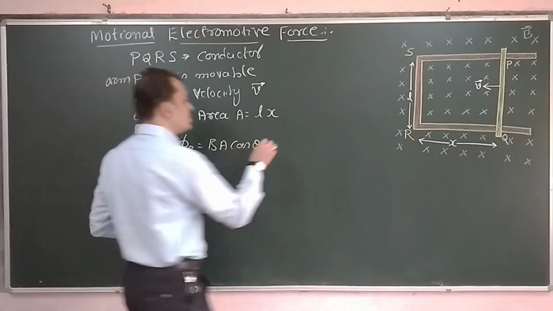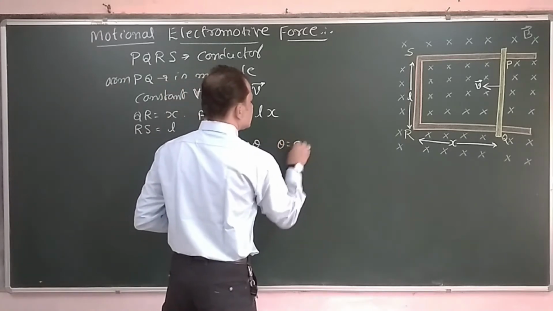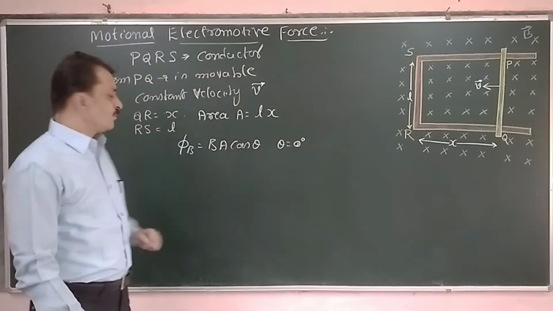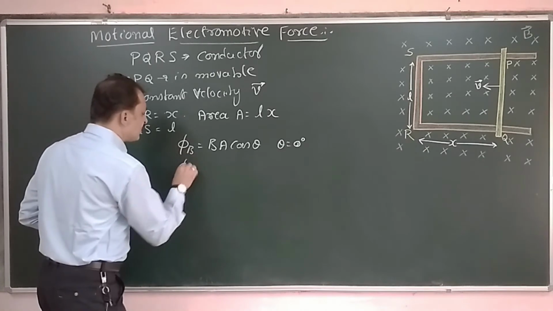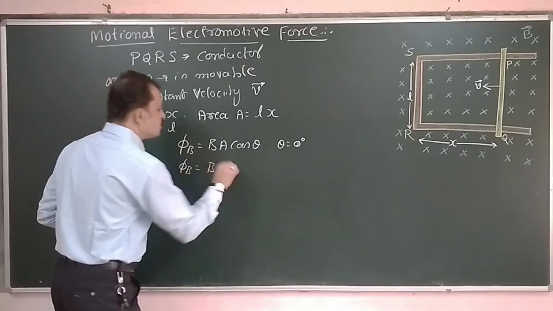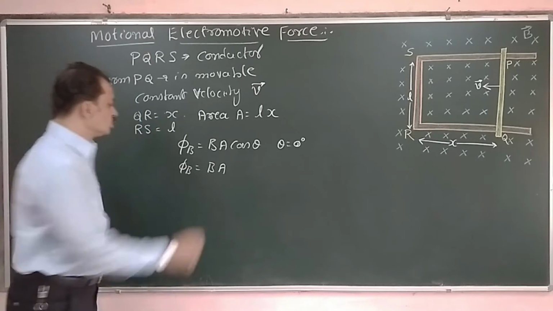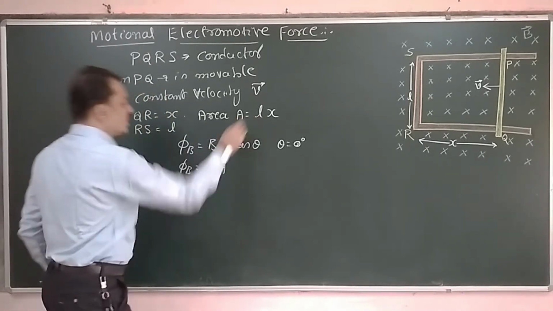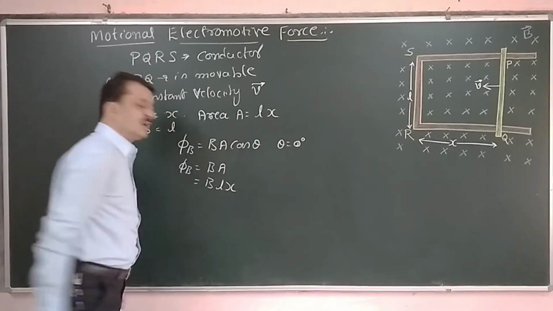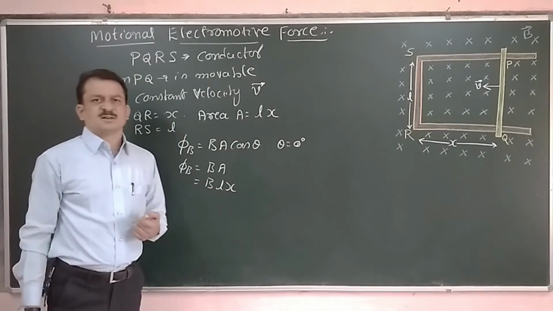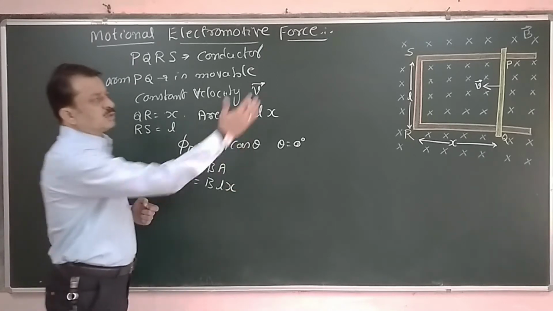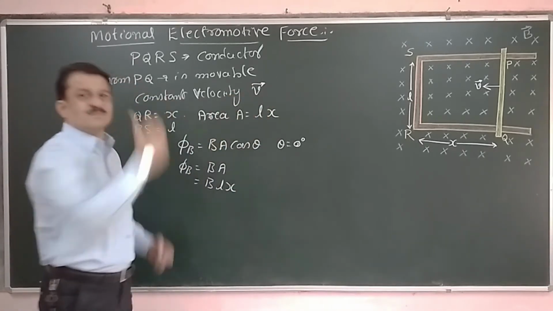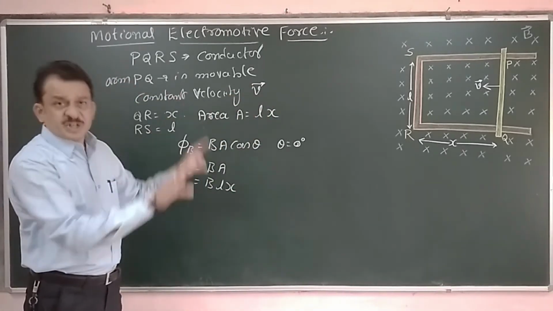They are parallel to each other, therefore theta is 0 degrees, and hence the magnetic flux simply becomes B into A, which is B into L into x. Clear?